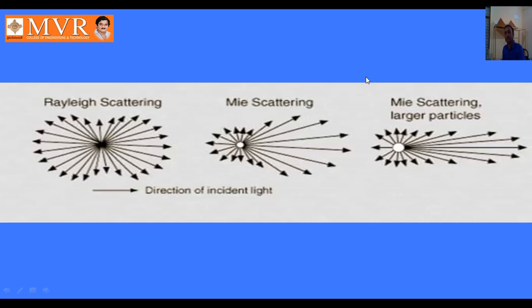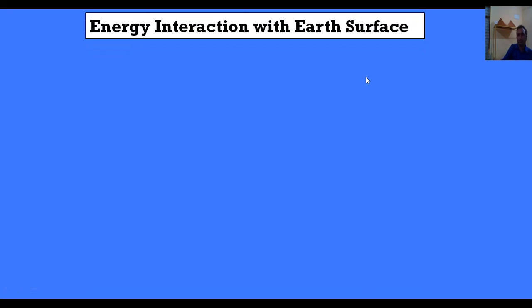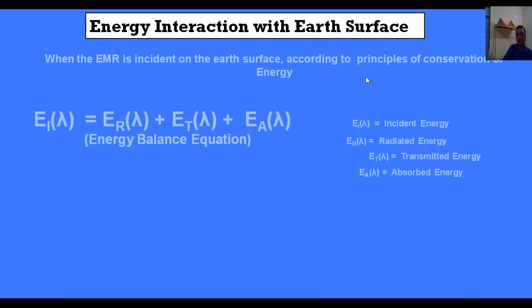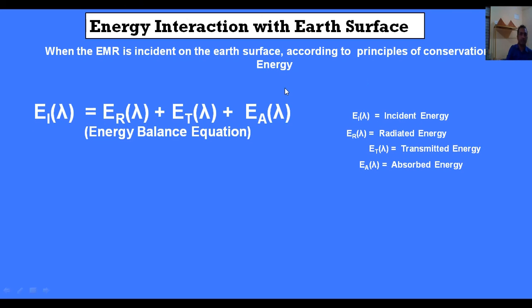So this is atmospheric scattering. Next, energy interaction with the earth surface. When electromagnetic radiation is incident on the surface, the principle of conservation of energy applies. Conservation of energy means that the amount of work done equals the energy lost.